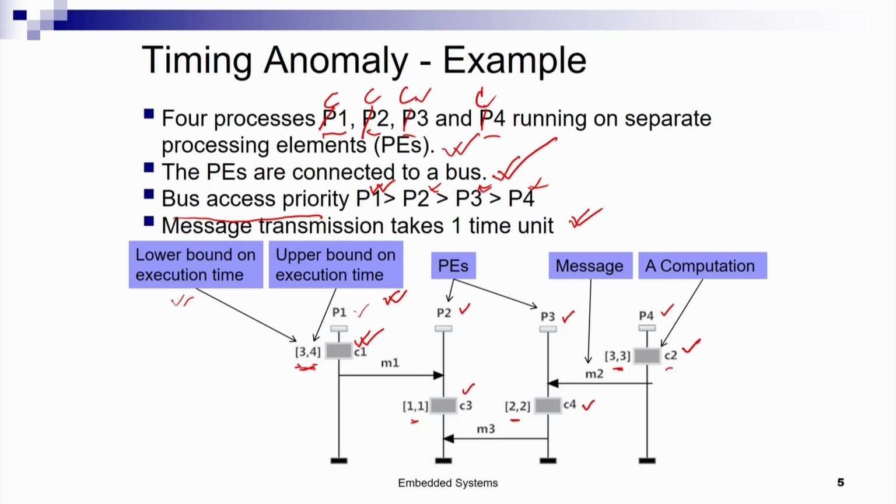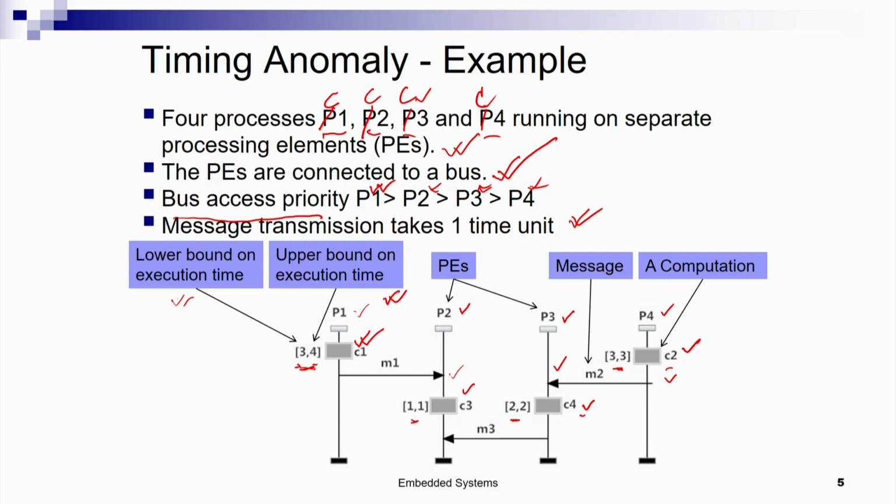After C1 completes its execution, message M1 goes from C1 to C3. Similarly, message M2 goes from C2 to C4. After receiving M1, C3 can execute. After receiving M2, C4 can execute.